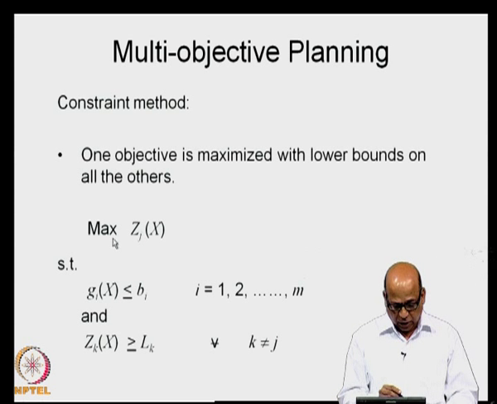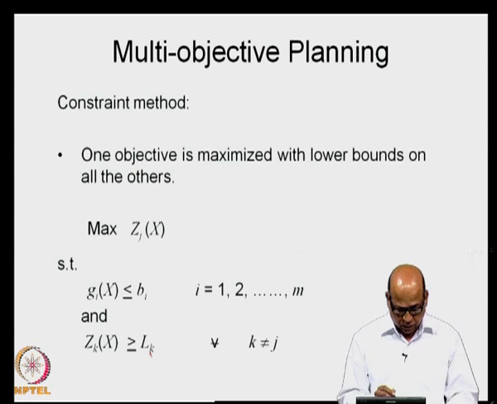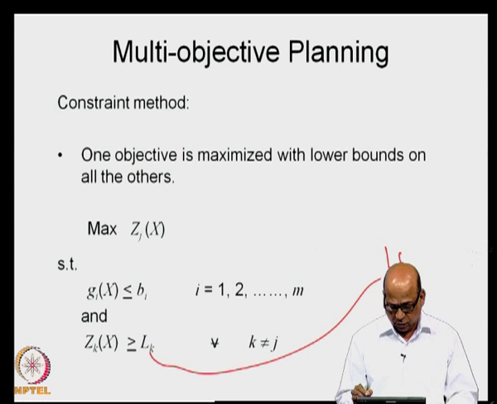Let us say maximize z_j of x, one of the objective functions out of the p objective functions; we maximize one of them and, in a maximization problem, set lower bounds to all the other objective functions.